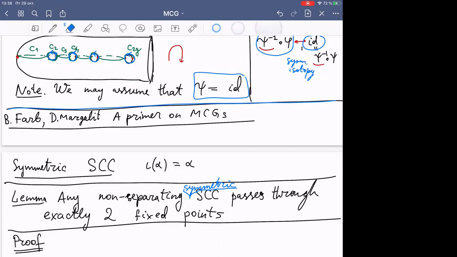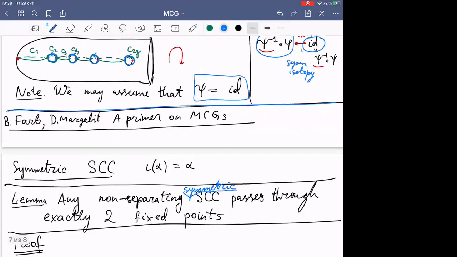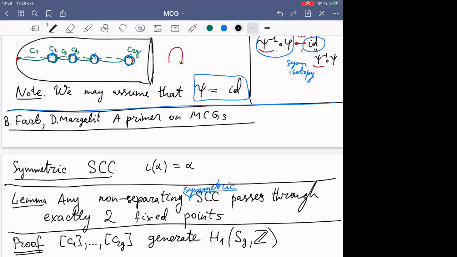In fact, I don't want to think about orientations. I just would like to say a very easy claim: the homology classes of these 2g simple closed curves generate the first homology group of our surface with one boundary component with integral coefficients.